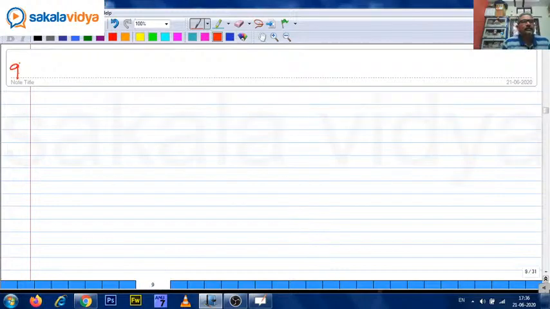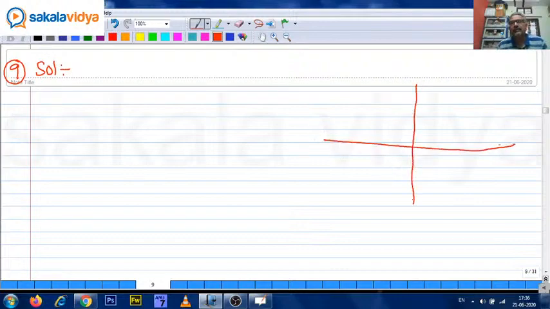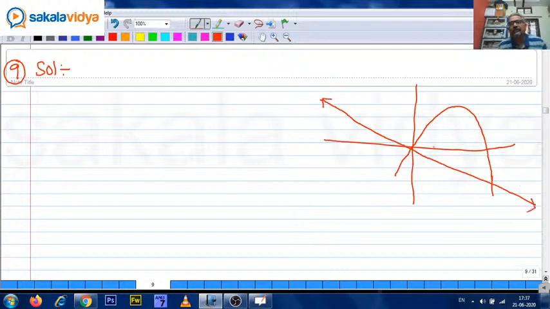So ninth solution. If you draw the figure, you will be getting like this. Generally the curve meets the x-axis at the origin also, and x is equal to 0 and 2, like this we will be getting. This is the y is equal to minus x line. So this is the line, this is the parabola. Under this we need to find out the area.